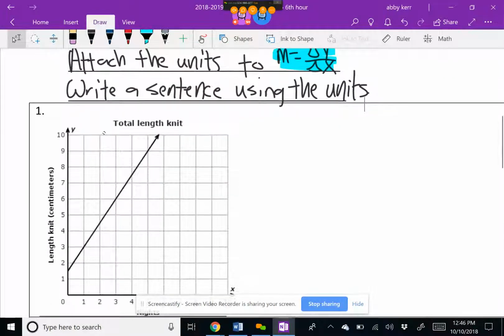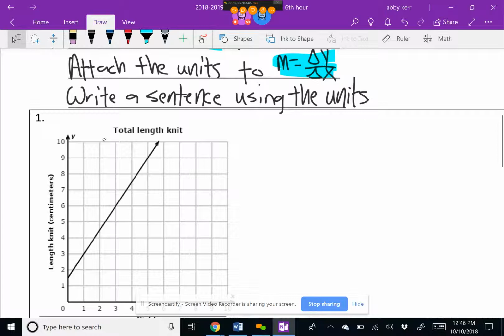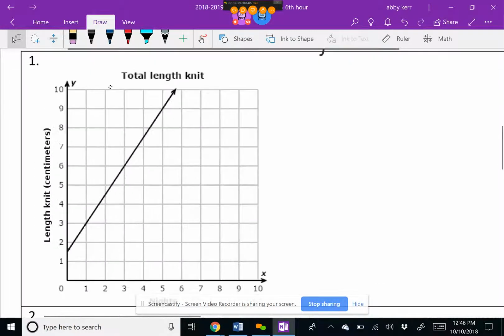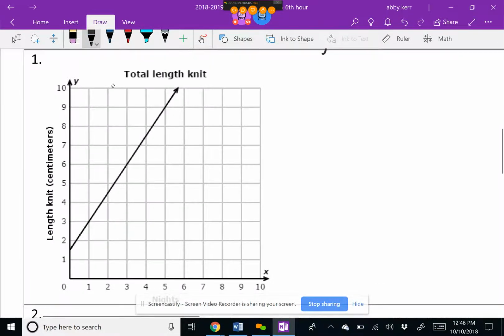Now, in the first problem, we're talking about the total length knit. So if somebody in your family is knitting a sweater or a hat, they go at a specific rate. So the first thing you do, just like page 7, is find the integers, the ordered pairs that fall right on the corners.